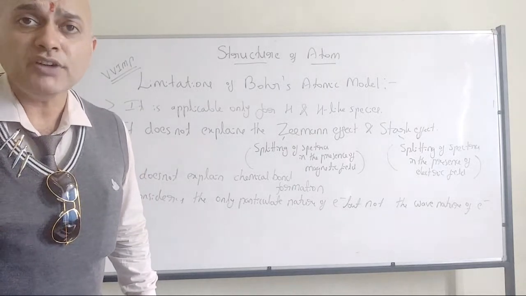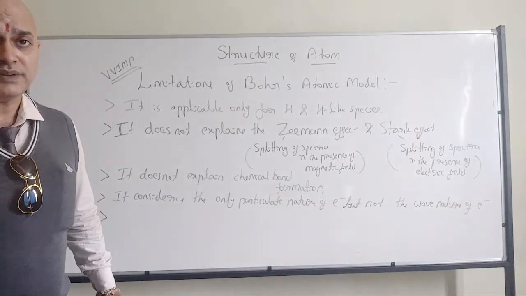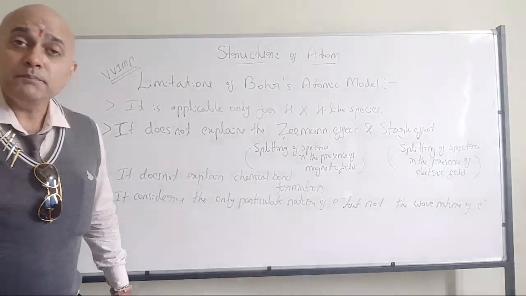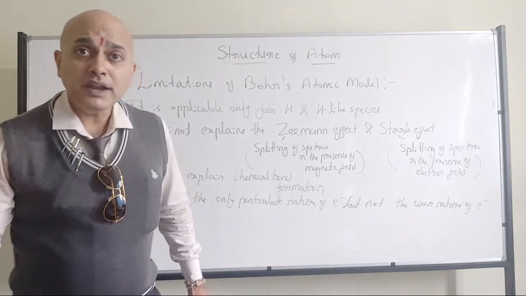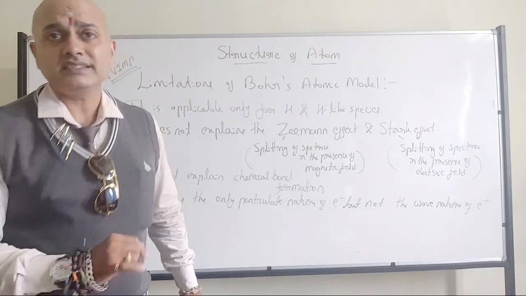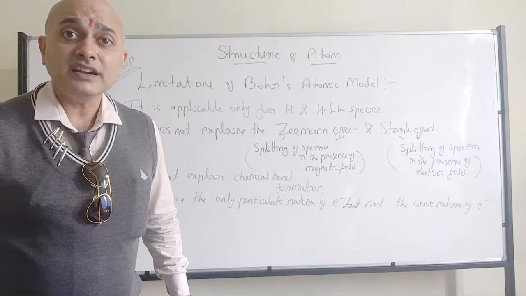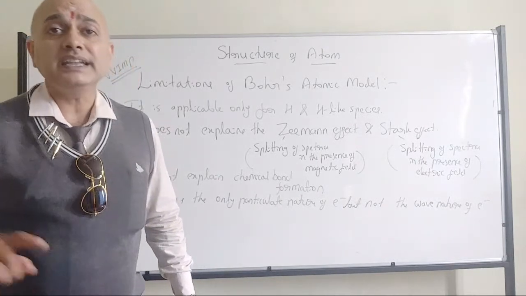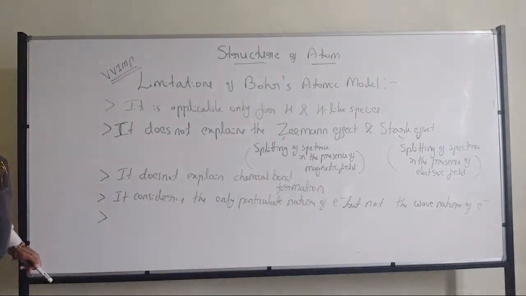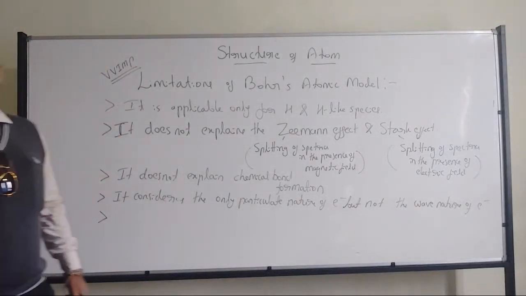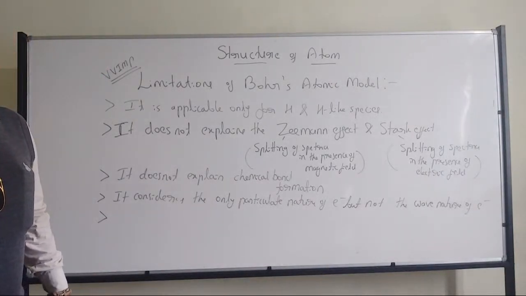Anyway, you will understand this when I talk about Heisenberg's uncertainty principle. It is impossible to find out the position and momentum of an electron simultaneously. If that is the case, how can we tell that electrons are moving in that path only? It is not possible. So according to Heisenberg's principle, it disproves Bohr's atomic model.